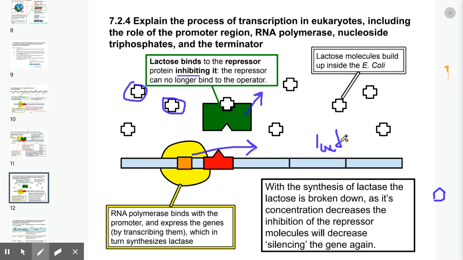And lactase's job is to metabolize or break down the lactose. So now we've been more efficient, right? Here we are not wasting our energy making stuff we don't need, but because lactose is here, this releases, our RNA polymerase can read the code, and we can make the enzyme lactase to break this into a molecule of glucose and a molecule of galactose.